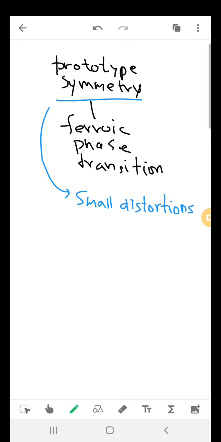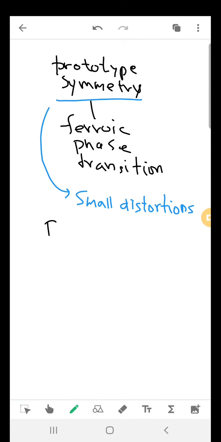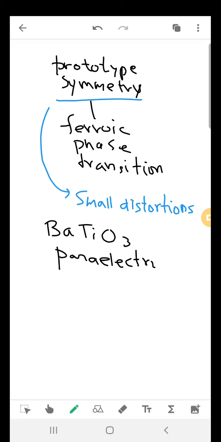For example, let's take an example of BaTiO3, barium titanate. It is called paraelectric material, like paramagnet.